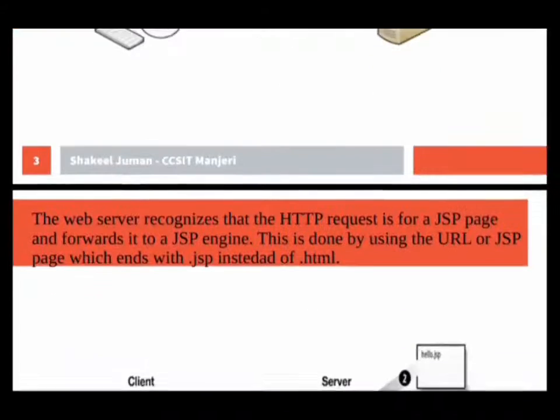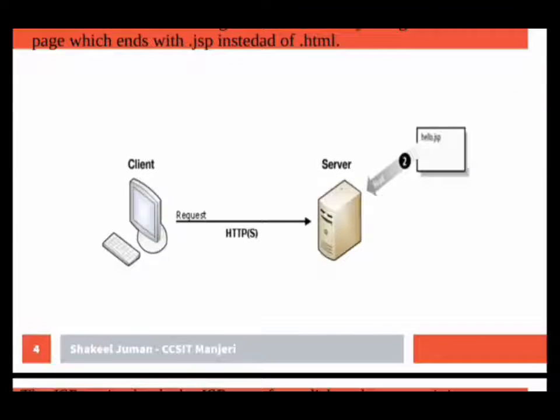And then what will happen? The second step. In this stage, the web server recognizes that the HTTP request is for a JSP page and forwards it to a JSP engine. So the server is reading whatever page you are sending.